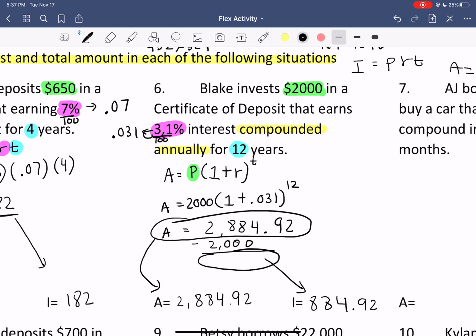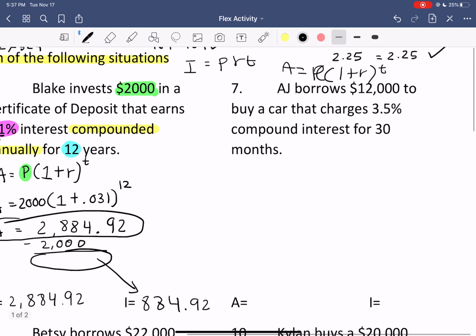Alrighty. So now we have AJ borrows $12,000 to buy a car that charges 3.5% compound interest for 30 months. All right. So compound interest.